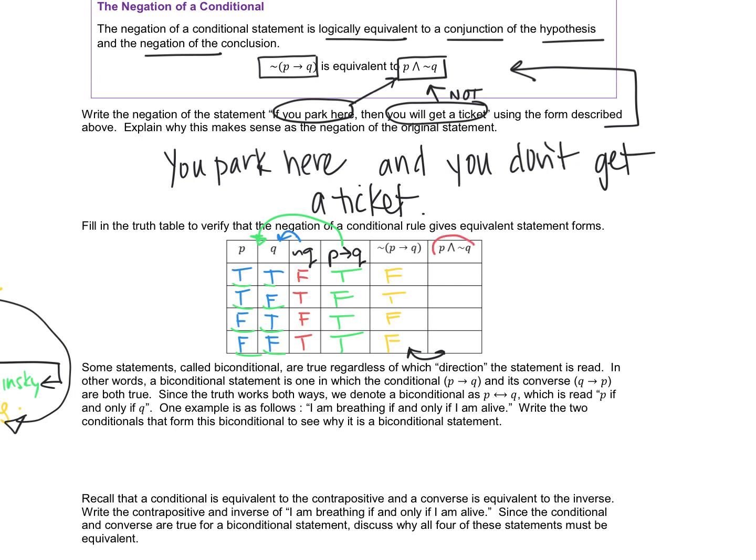And so notice that a conjunction is only true if both of the things are true. So we're going to look at that first column and the third column. There's our true part. The rest of these are false. And so these are logically equivalent to each other.